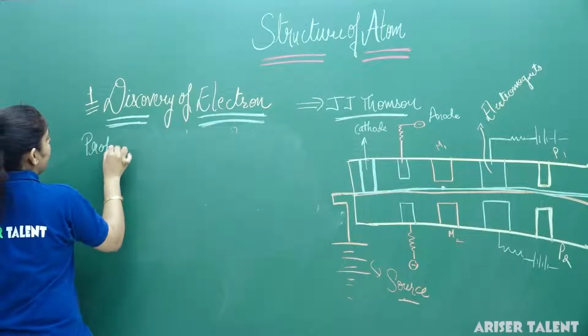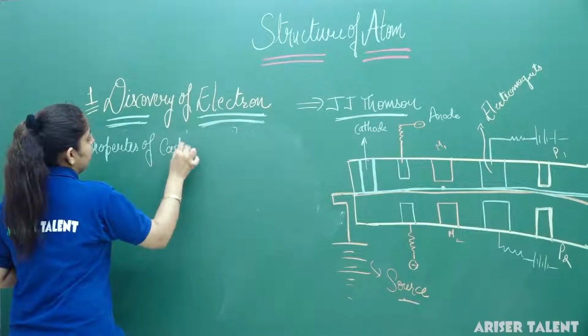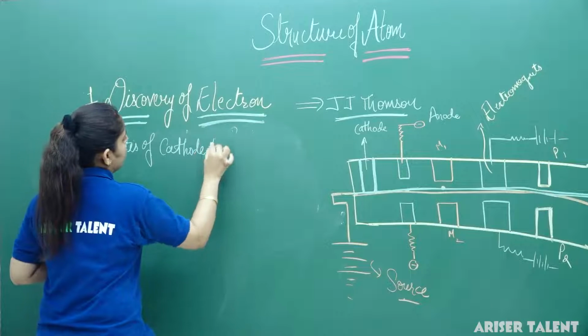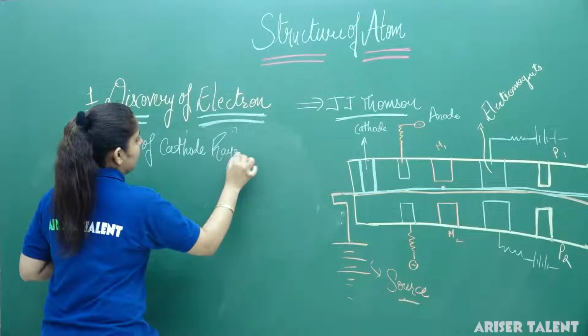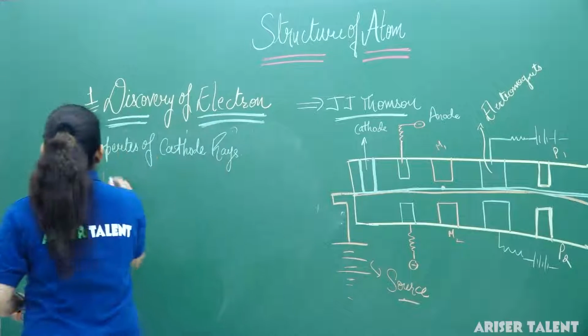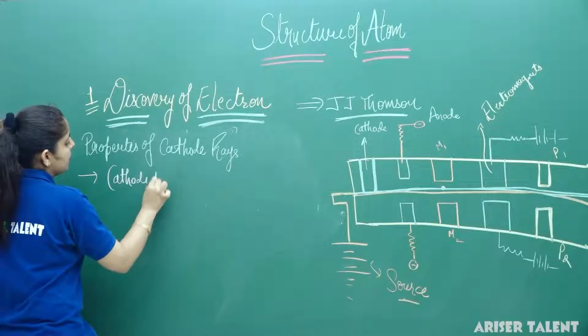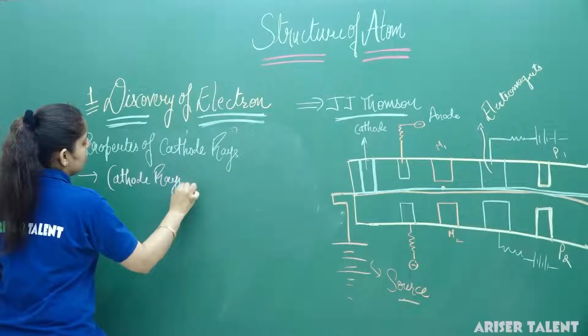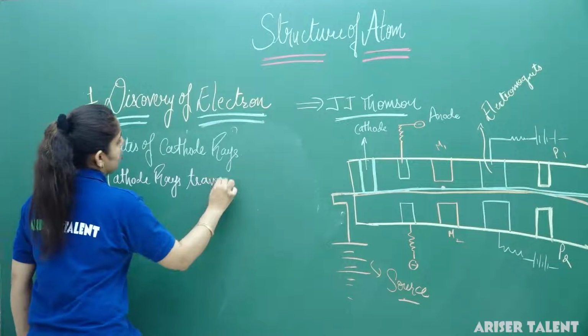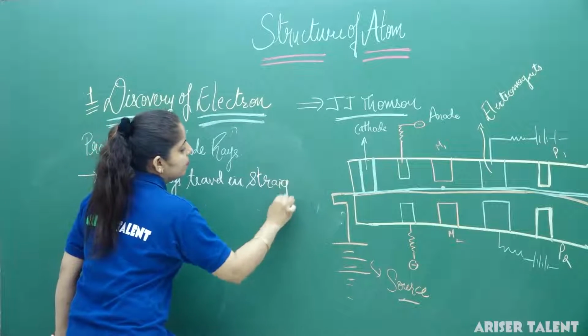Next thing is properties of cathode rays. So the first thing that was observed is cathode rays travel in a straight line in absence of electric field.